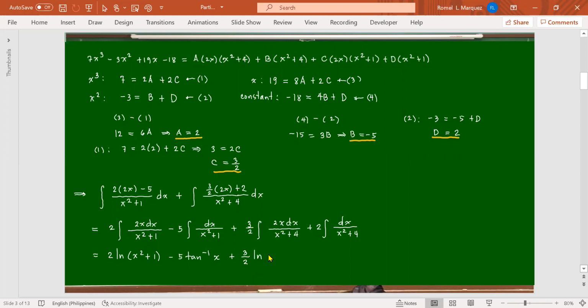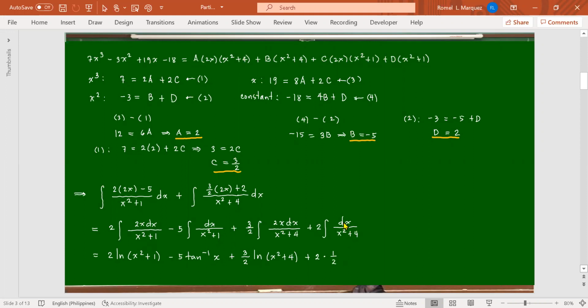We have ln of x squared plus 4. Again, the absolute value is not needed anymore because x squared plus 4 is always positive. Plus, for this last integral, 2 times, our a squared is 4, giving a equals 2. u squared is x squared, so x is our u, so du is dx. So hence we have 1 over a.